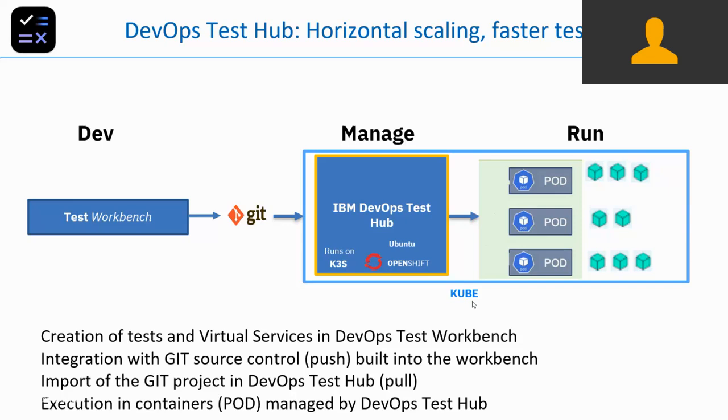And then when that's done, we go onto the DevOps Test Hub, and there we pull the test and we can then run those tests. And when the tests and the test campaigns, the test suite run, then the DevOps Test Hub is going to manage the execution on container and is going to create as many containers as needed by the actual test.